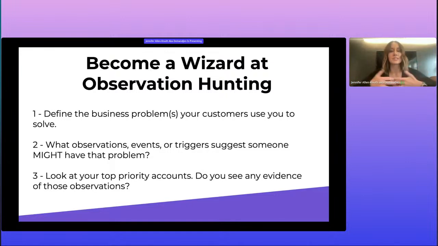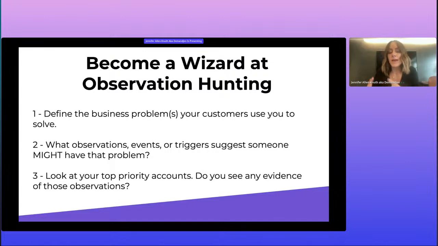So think beyond just the obvious demographic fits, and look at whether there are observable things we can find about these prospects that would indicate the degree to which they feel that pain. Then, looking back at our top priority accounts, ask: do I actually see any evidence? It is hard to deprioritize a company that demographically looks awesome.